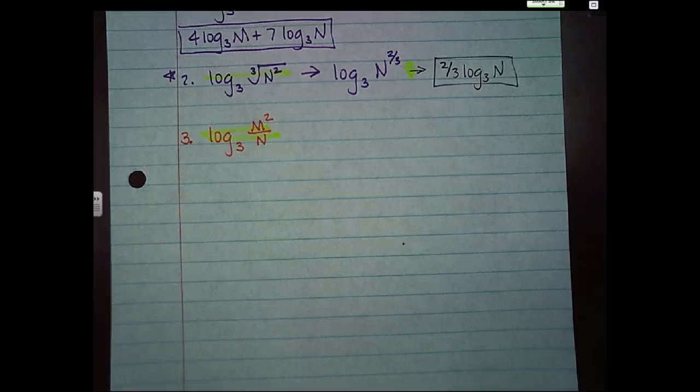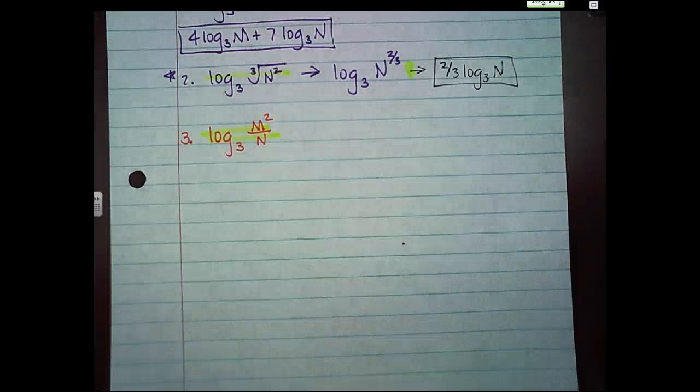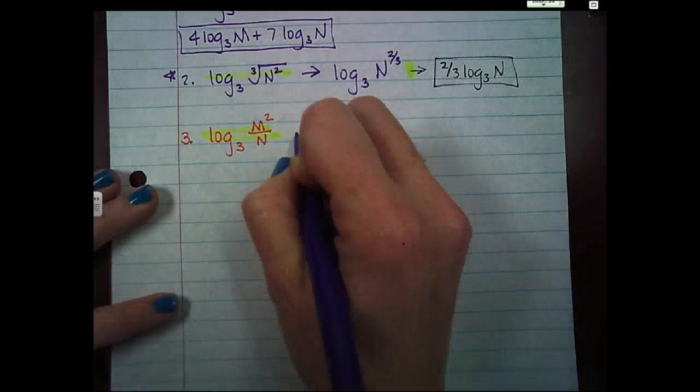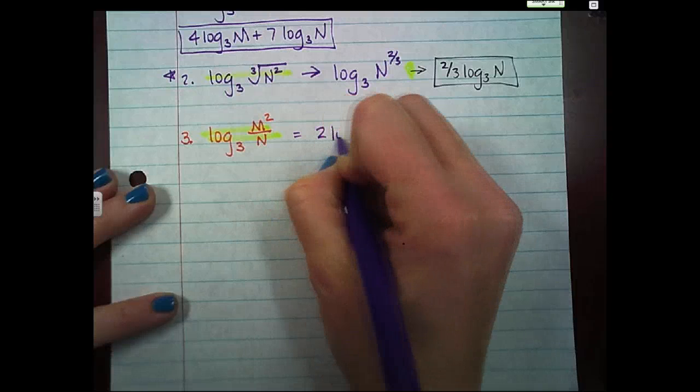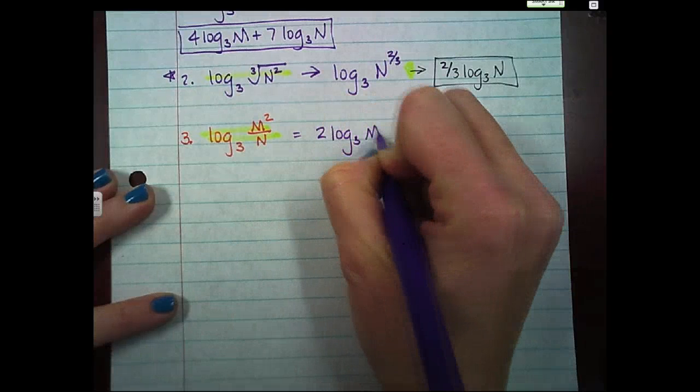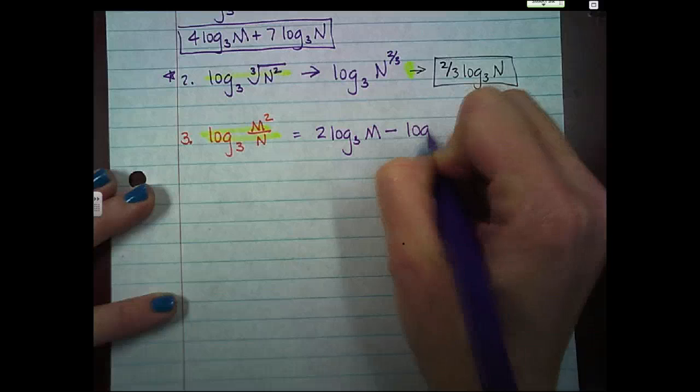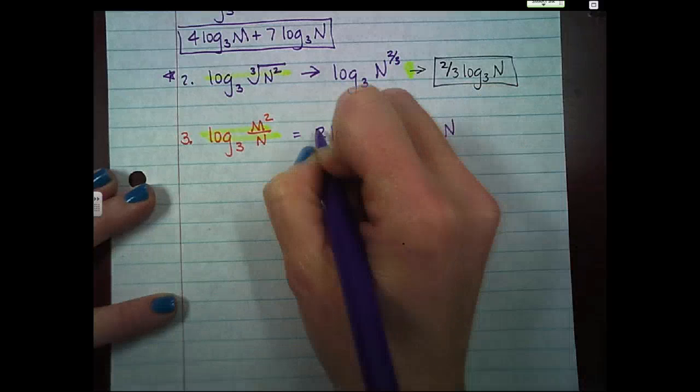What property goes with division? If you're going to expand it out, division is subtraction. But that m has an exponent, so it goes in front. So you write the answer as 2 log base 3 m minus log base 3 n.